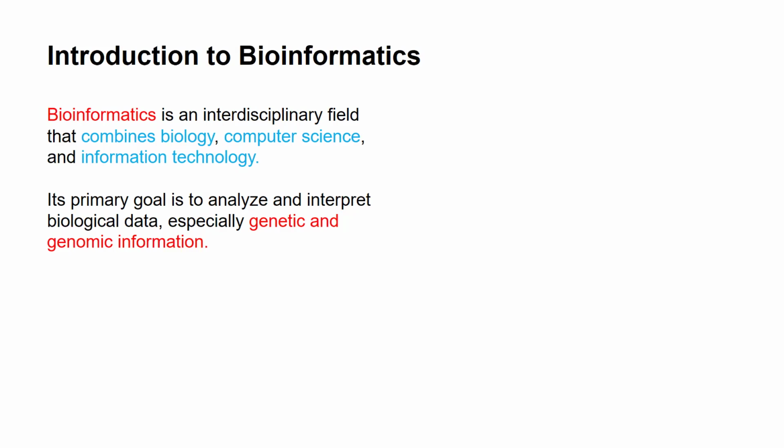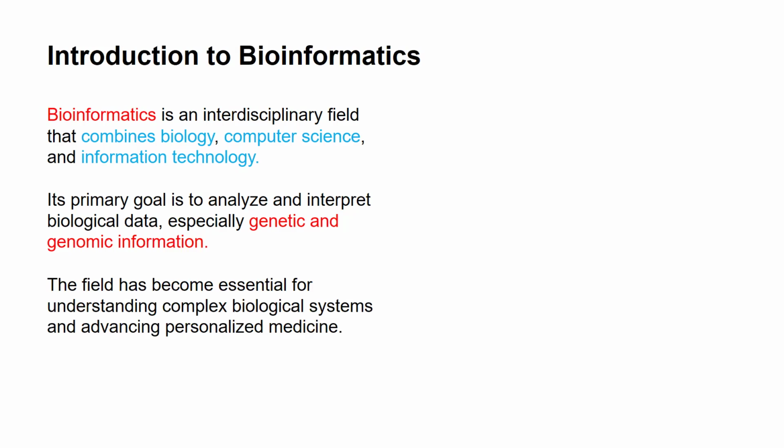So in bioinformatics, we analyze data like protein, DNA, and RNA. So these are the informational macromolecules that we usually consider as biological data in bioinformatics. And the field has become essential for understanding complex biological systems and advancing personalized medicine.